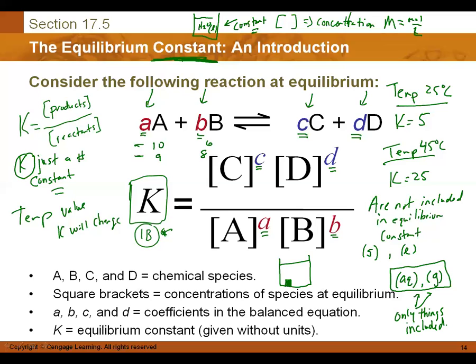The only way it could participate is if you dissolve it. Then it would no longer be a solid; it would be aqueous. And again, a pure liquid like water in the liquid state won't change its concentration very much. So things that are S's and L's, you do not put into this expression. Things that are aqueous or gas, you do put into that expression.